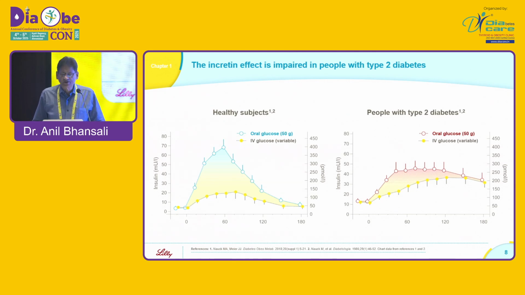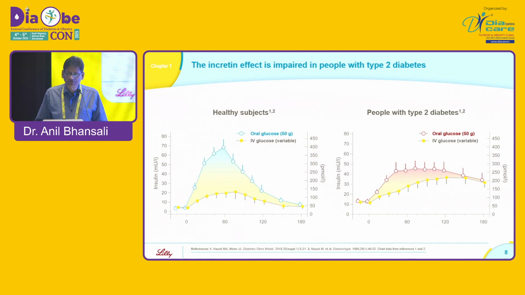Let us see what happens to incretin in people with type 2 diabetes. I think many people may not be aware that diabetes is a state where the GLP-1 is deficient, while the GIP levels are either normal or slightly increased. So type 2 diabetes is characterized by GLP-1 deficiency and a GIP resistant state.